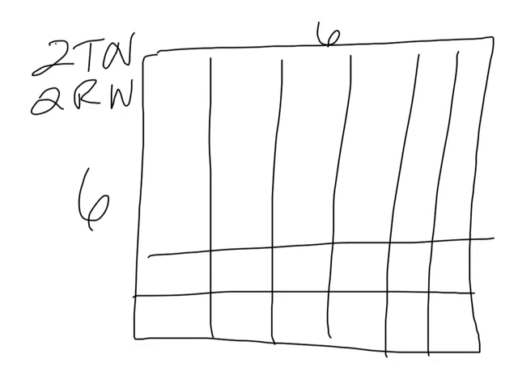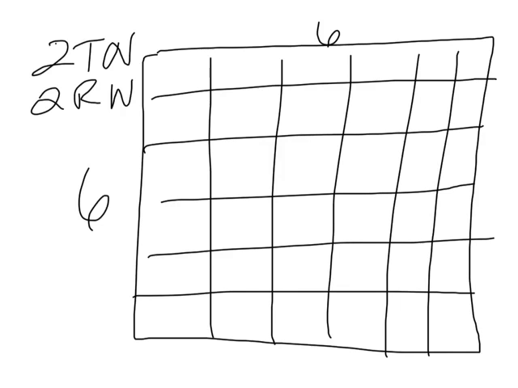1, 2, 3, 4, 5. Not very straight, but you'll get the idea. These are one township. In that one township is 36 sections that are each 1 mile by 1 mile.